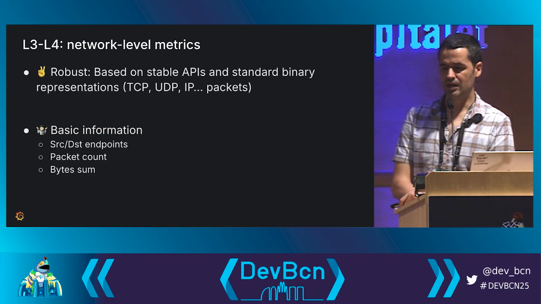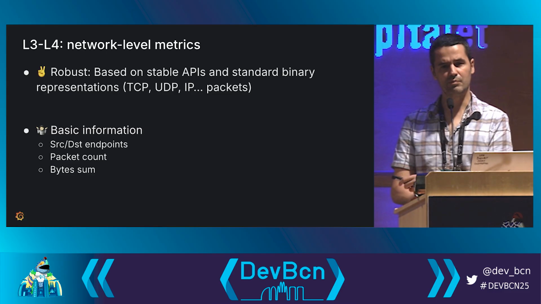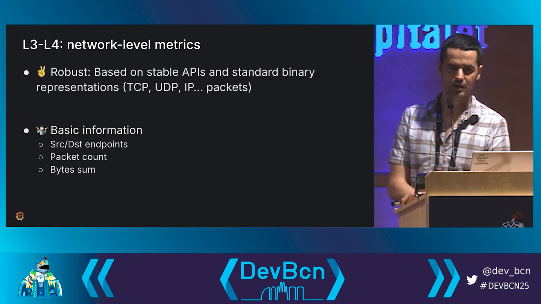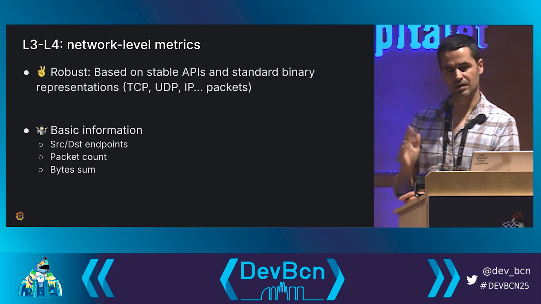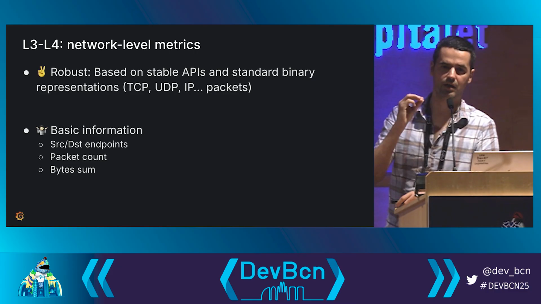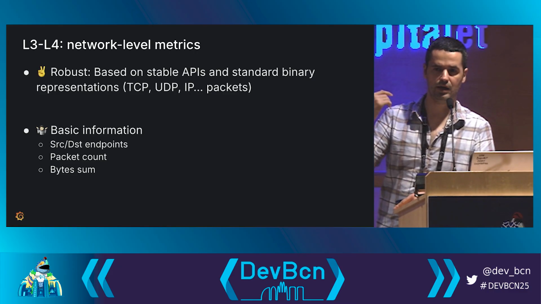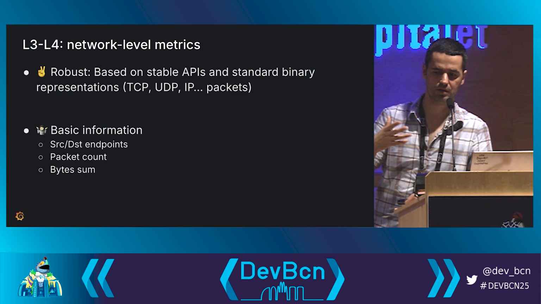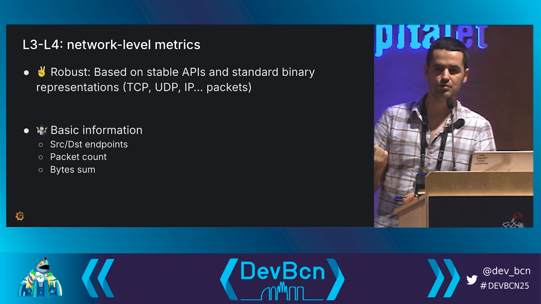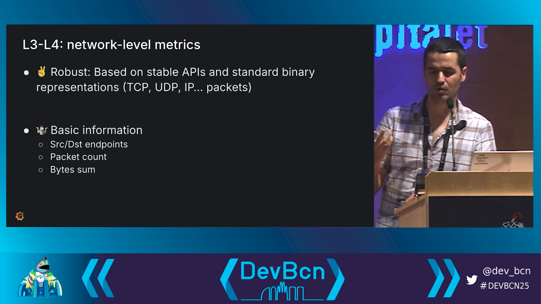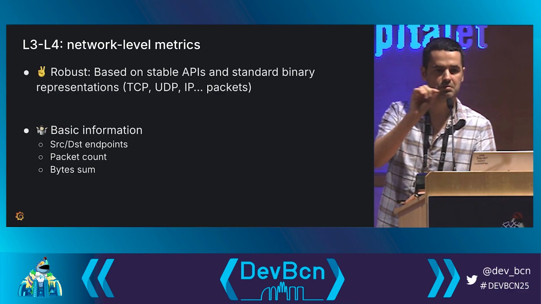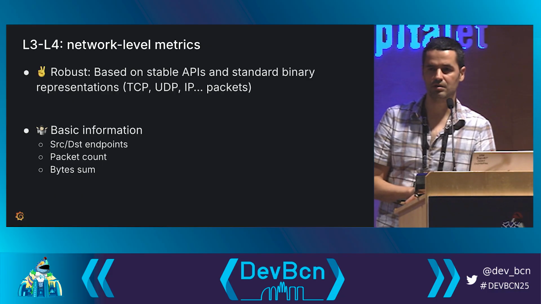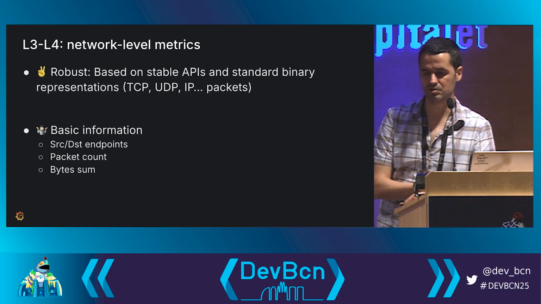So as we said before, Beyla provides metrics and traces at different layers. At L3 and L4, I mean the network and connection layers, you can get basic information about your connections, basically connection status, how many bytes are going through different endpoints in your system.